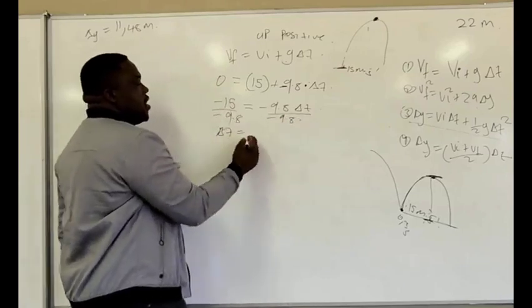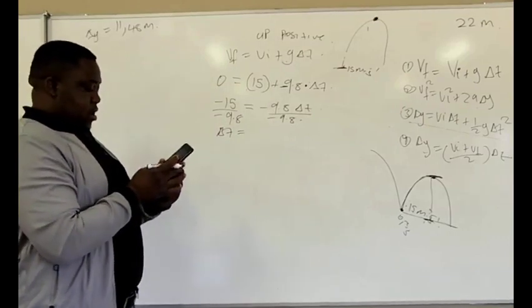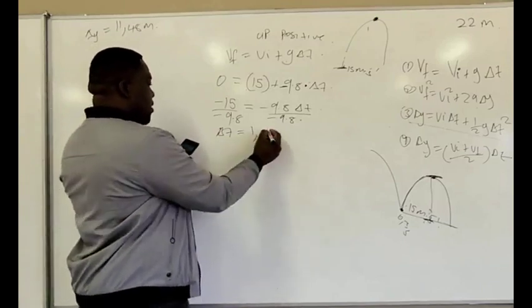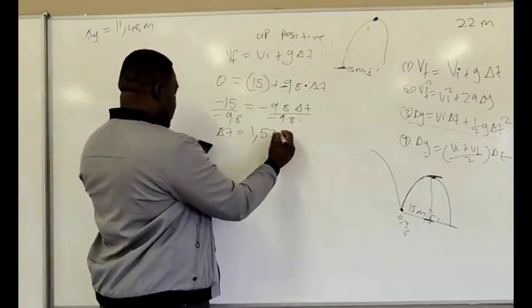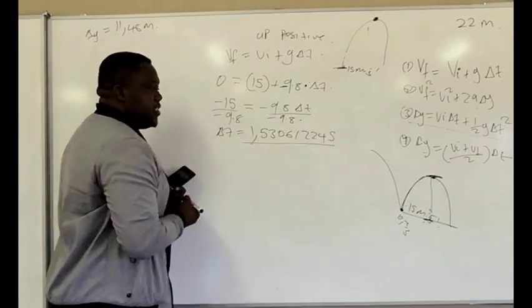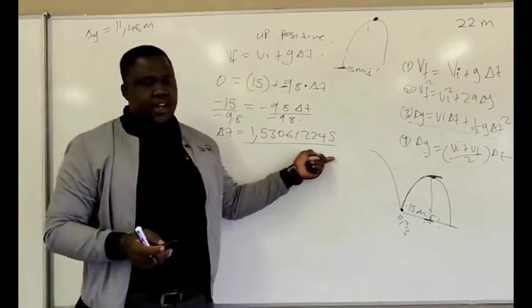Then my change in time will give me what? Let us see. 15 divided by 9.8, and that will give me 1.530612245. The reason I'm writing everything is because this is not the final answer.